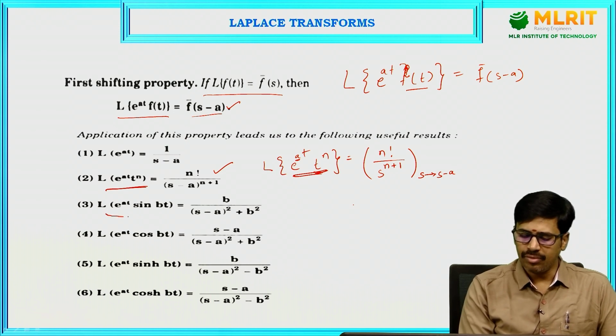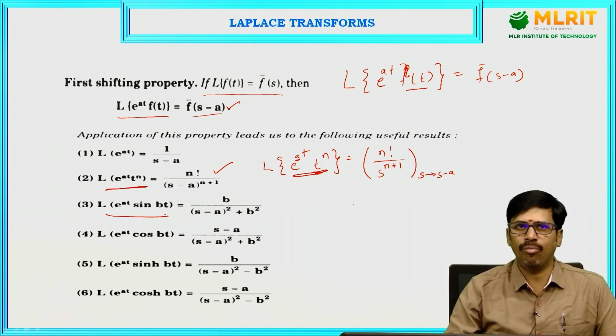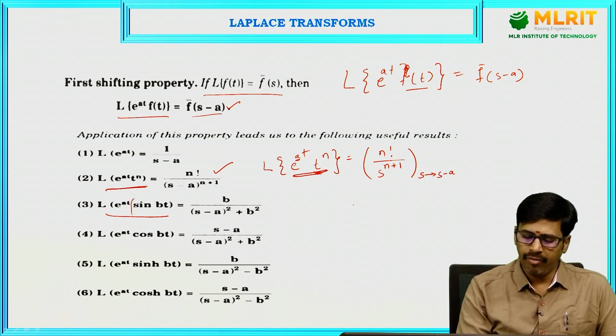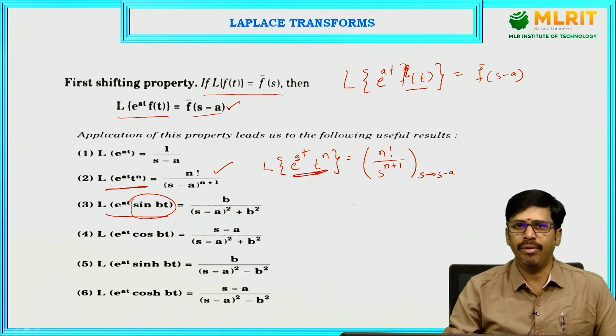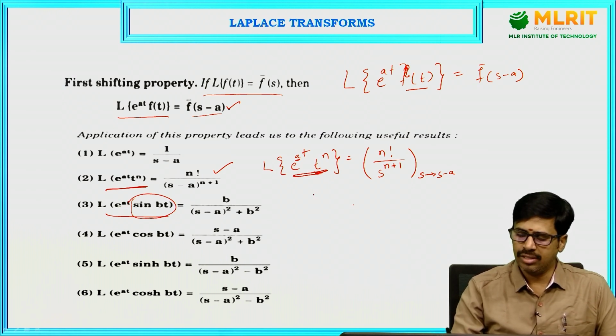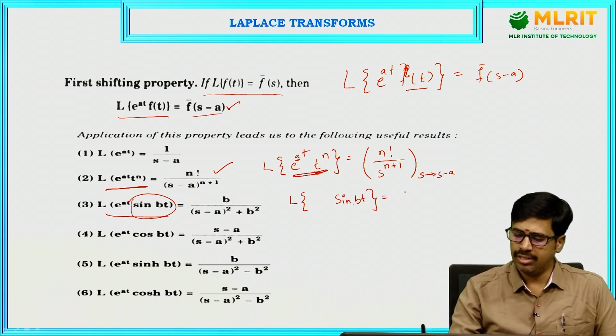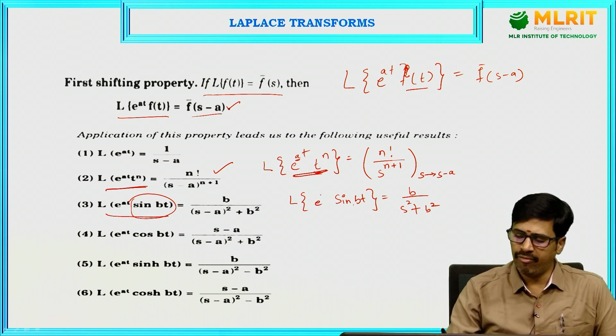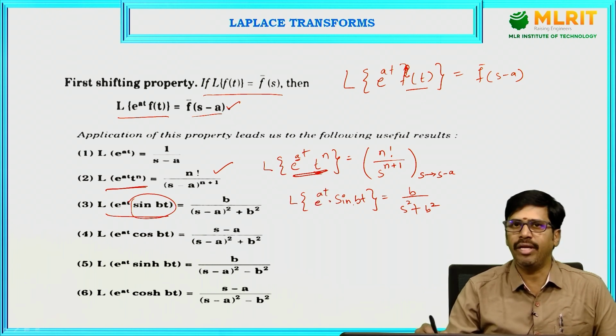Similarly, if I want to find Laplace transform of e^(at) into sin bt, other than e^(at), first consider sin bt. You know what is Laplace transform of sin bt? That is b by s square plus b square. Now I want Laplace of e^(at) into sin bt.